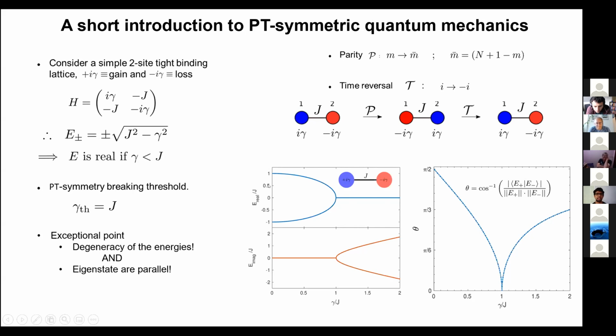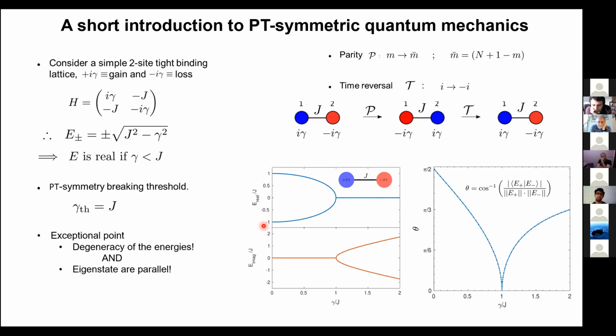You can see that the energy spectrum, as you increase gamma, has a structure like this, which is prototypical of this system. The energy levels coalesce at the point where gamma is equal to J. This is known as the exceptional point.